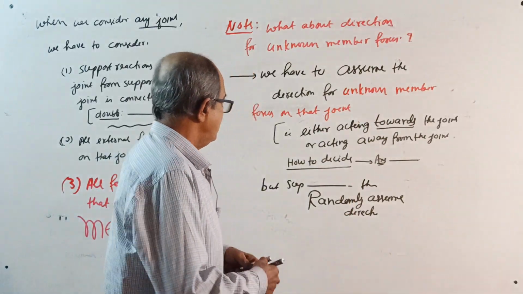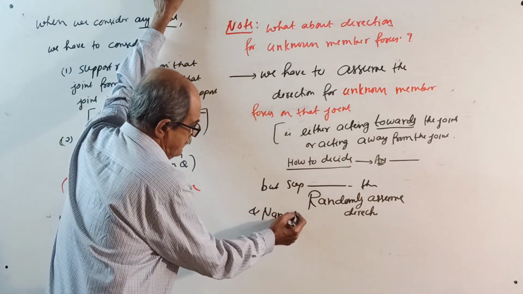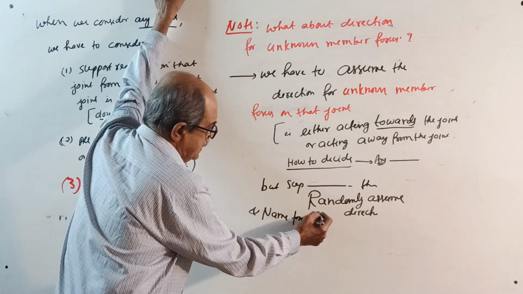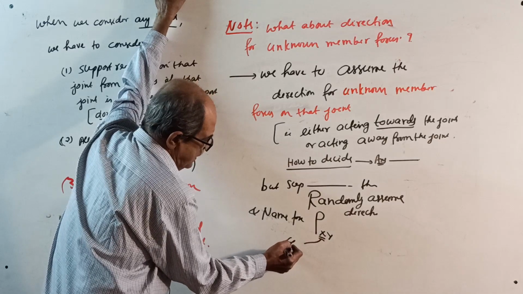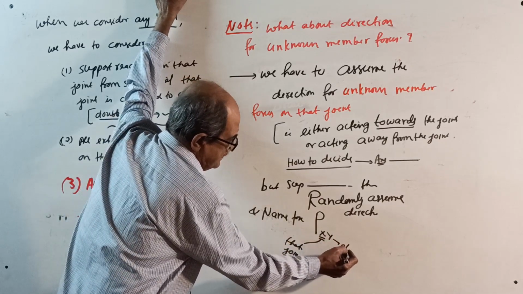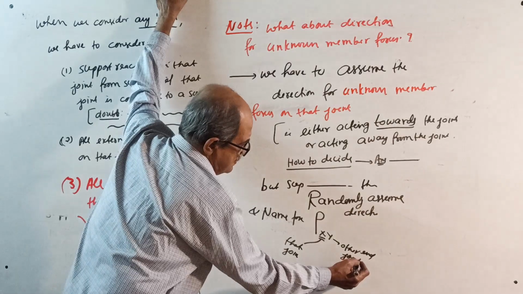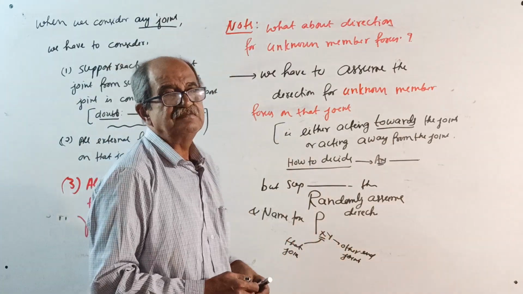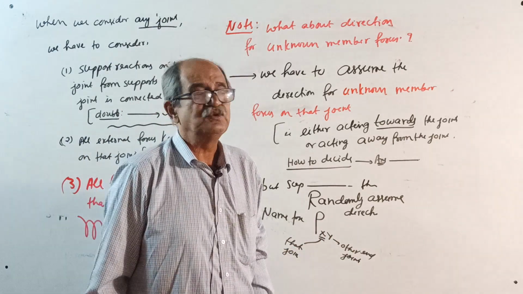Okay, and name it. Name the force P, X, Y, where X is that joint and Y is the other end joint. P, X, Y, like that. Instead of P, you can call it F also.